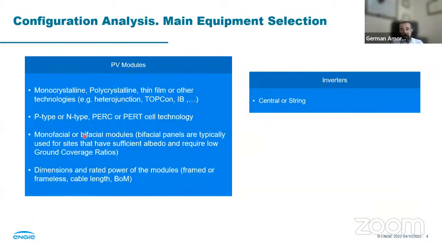According to these main inputs, we start the iterative process with the first block: the selection of the main equipment, layout, and operational strategy.